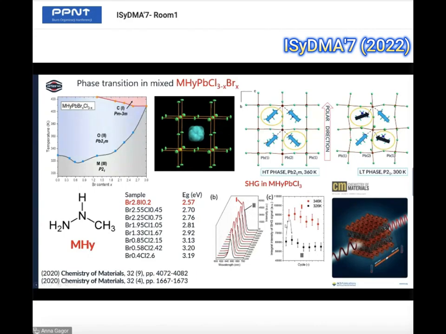So we can obtain switching of the second harmonic generation signal, and also maybe treat this material like a sensor for the temperature.